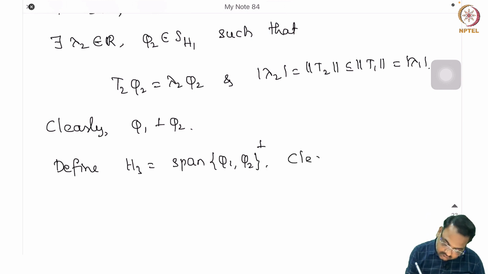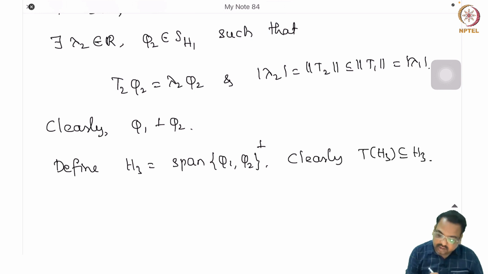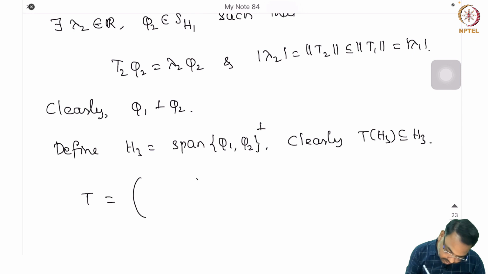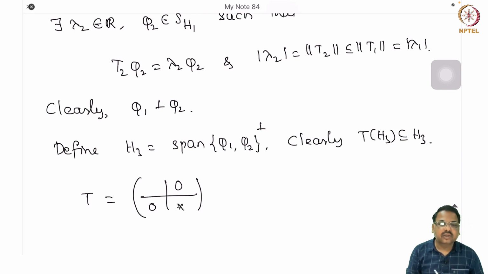So we can say that T of H3 is contained in H3. Here T is nothing but T1. So T can be written as, here 0, because reducing, this is some operator, and T restricted to span phi 1, phi 2 is exactly lambda 1, 0, 0, lambda 2.